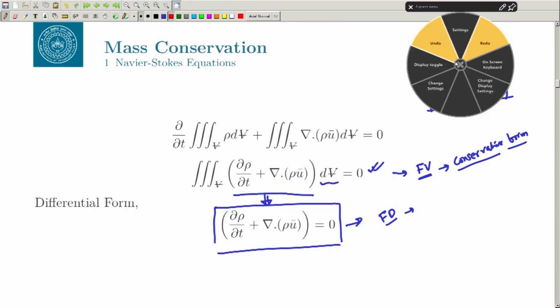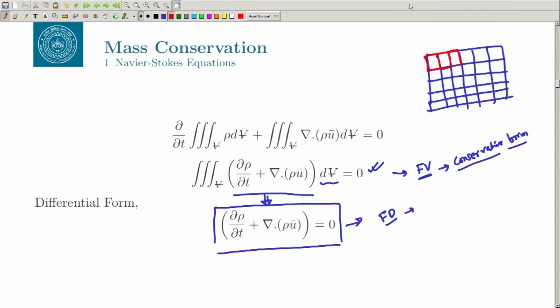On the other hand, if we are using the finite difference, the conservation is ensured through the boundary. So, through the entire volume, the conservation of mass, momentum and energy will be ensured. It will not be ensured in every single element or cell that we have.